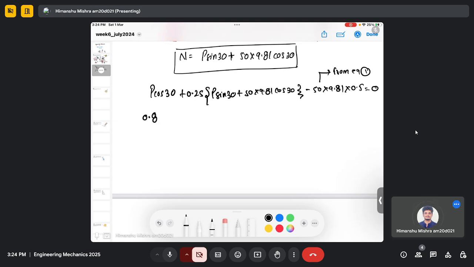So it is 0.866p, and this will be 0.125p plus 106.196 minus 245.25 equals 0.